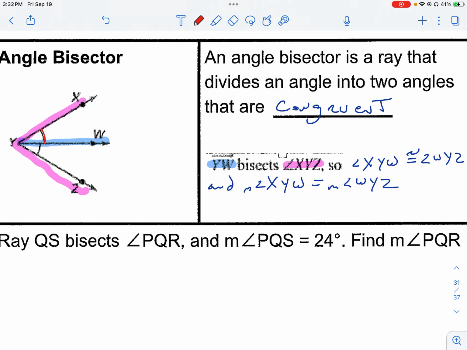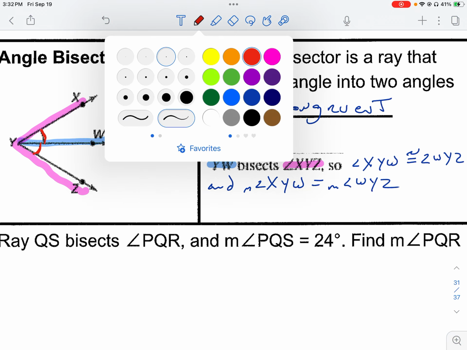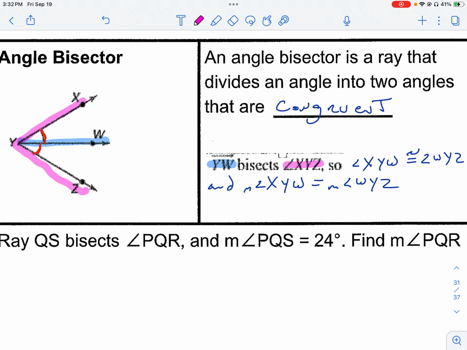And here we have these two little arcs, which tell us that they're congruent, and they're offset to show that they're dealing with separate angles, because these little arcs, where they start and stop, is the angle they're talking about. So sometimes we're going to have an arc that does this, and let's just say it's 75 degrees.